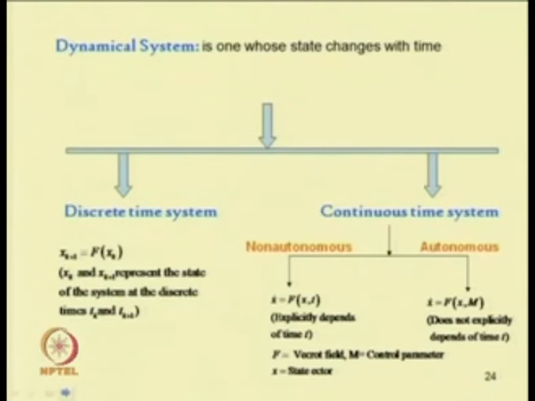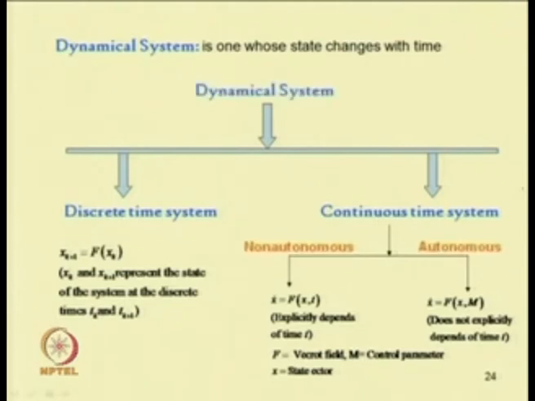In case of a dynamical system, either we can have a discrete time system, in which we obtain the (k plus 1)th state from the kth state, or we can have a continuous time system. In case of a continuous time system, we can have a non-autonomous system or an autonomous system.